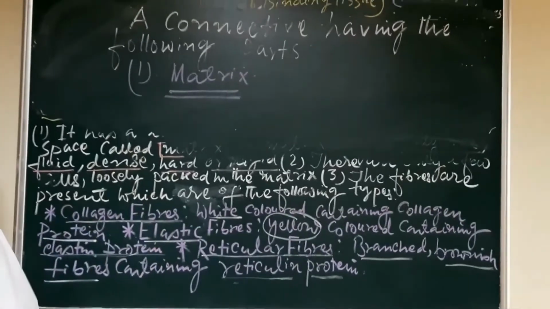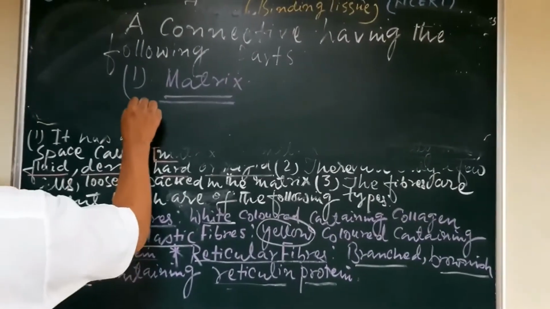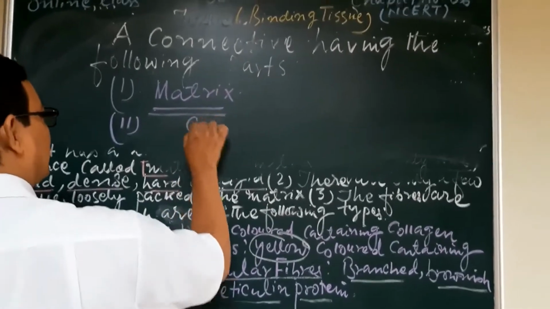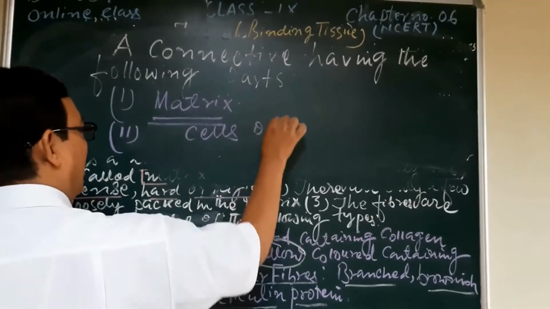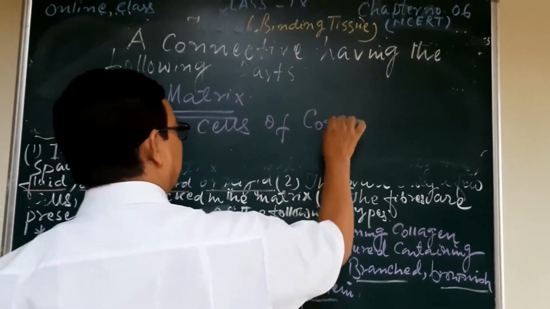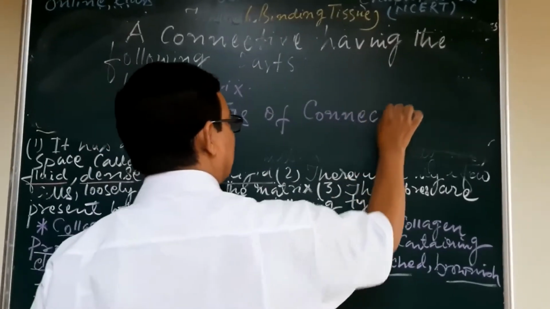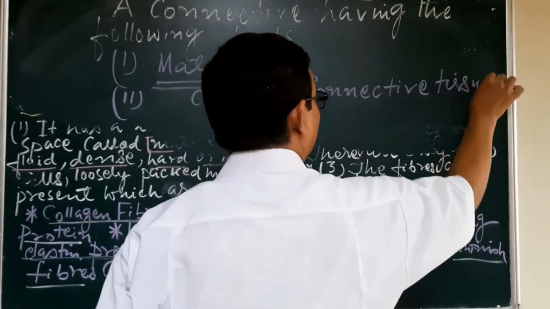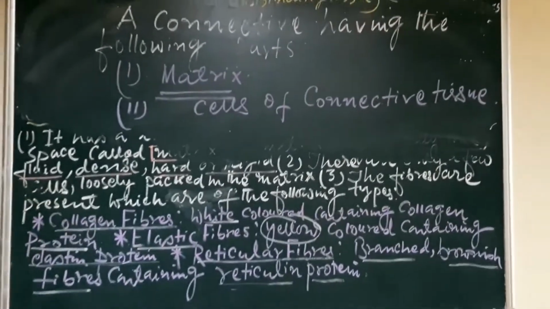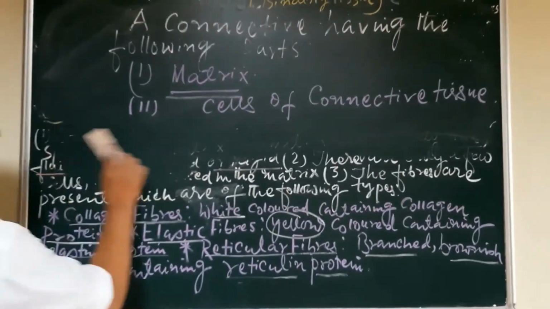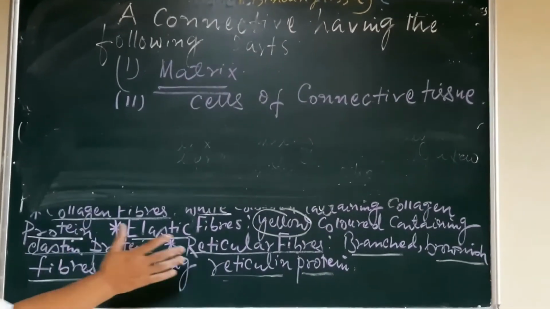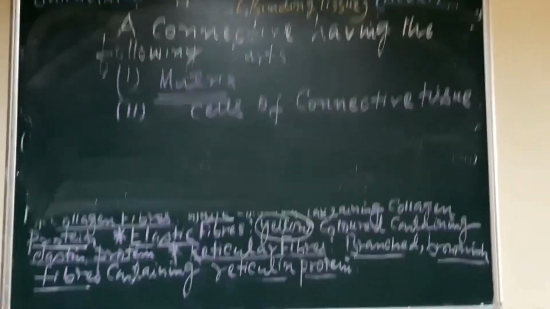And number two, important thing, cells of connective tissue. This is the second. And the third, just as we have seen here, fibers.